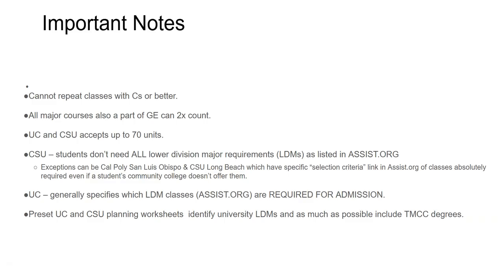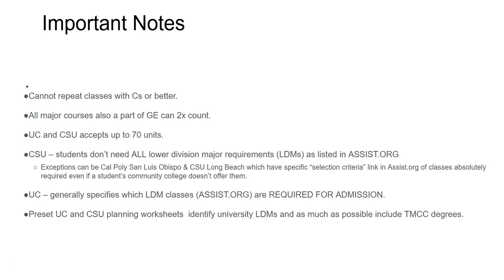There are a couple of exceptions where popular universities, San Luis Obispo and Long Beach, have specialized selection criteria outside of assist.org, where specific courses must be taken, whether at TMCC or somewhere else, or students would not be admissible to those highly competitive schools.